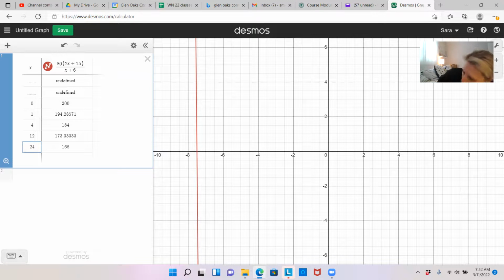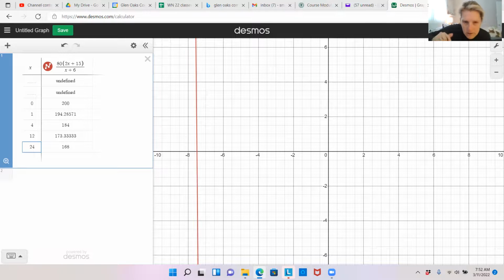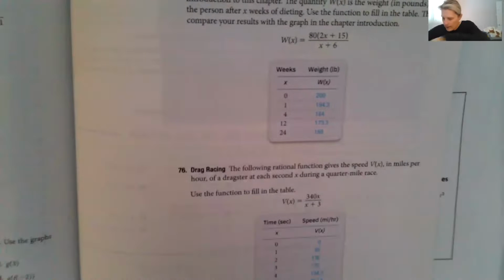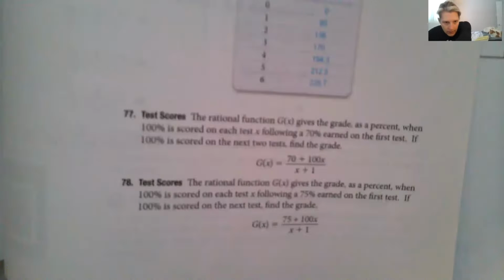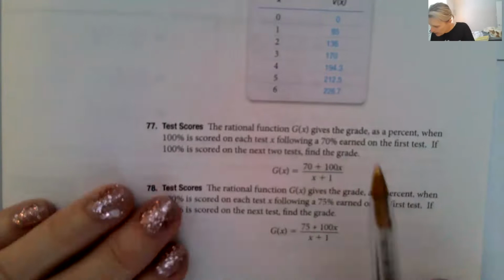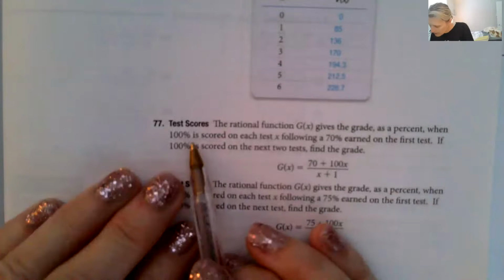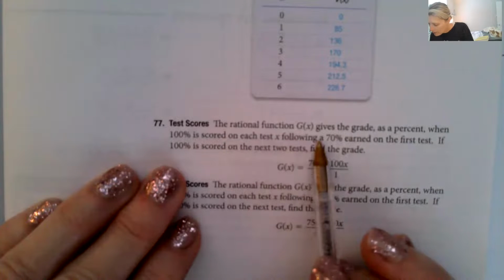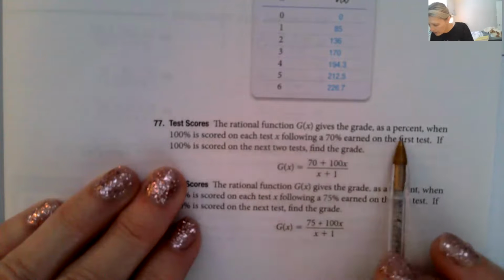Okay. So I wanted to look at number 77. So 77, let's just go back to my paper here. So 77 is here. It says test scores. The rational function g of x gives the grade as a percent when 100% is scored on each test, following 70% earned on the first test.